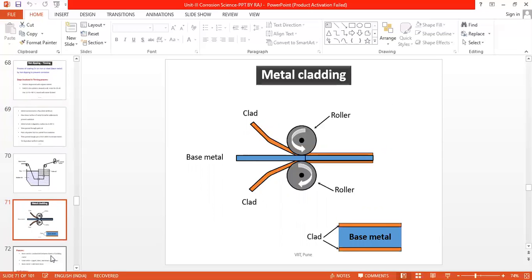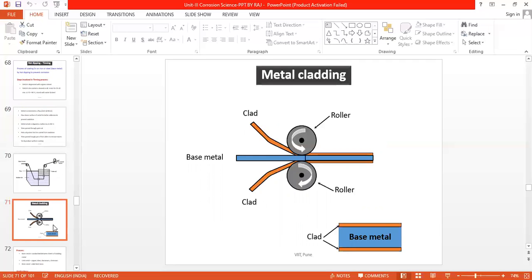Now the metal cladding. Metal cladding is another method in which the base metal may be cladded or coated with another metal on only one side or on both sides, and this method is called metal cladding. So Alclad, which is used in the aeroplane, is an example of metal cladding.